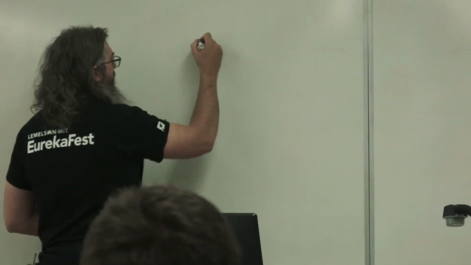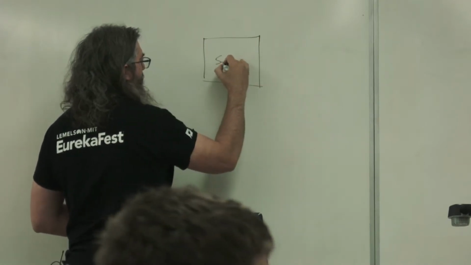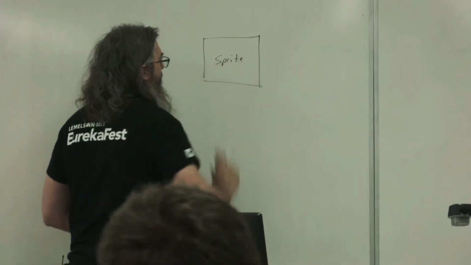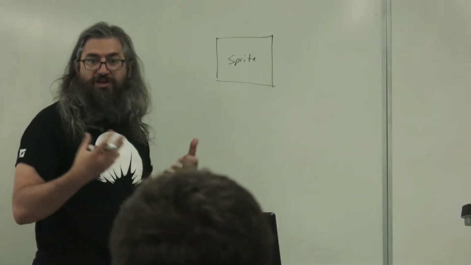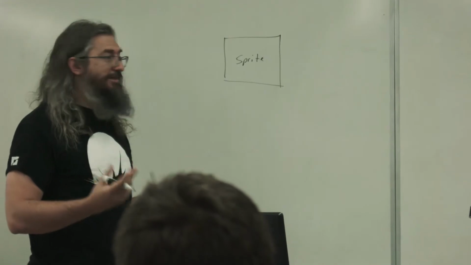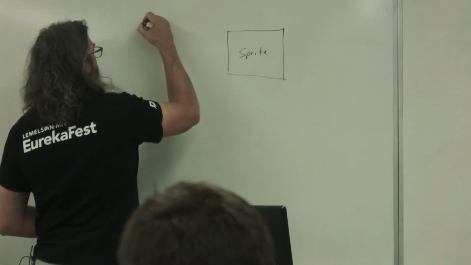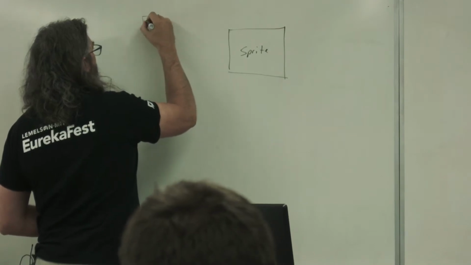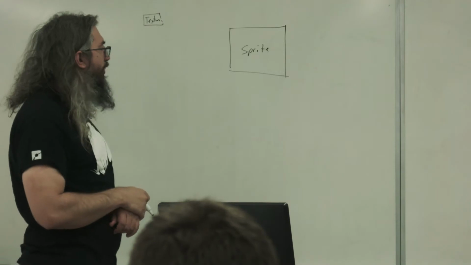So when we're working with images, we create this blank box that's a sprite, which is a container for the things we want to hold, which are in fact the images. So here we have this blank box that's a sprite, and over here we have the texture, which I'm going to write kind of small.